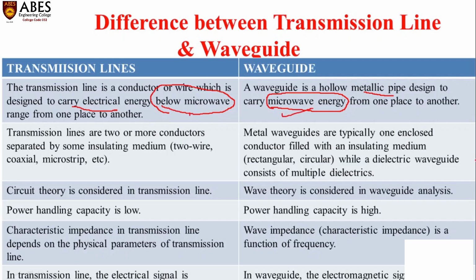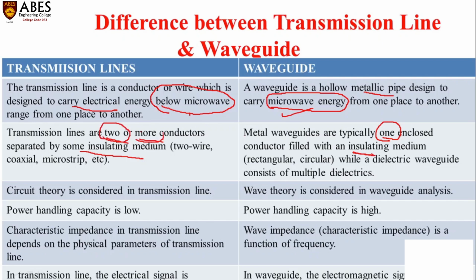The second most important one is that the transmission lines are made up of two or more conductors with some insulating medium in between the two conductors, which is used to separate the two conductors. But in the case of a metal waveguide, basically it is enclosed in one conductor which is filled with an insulating medium. So we can easily see the difference.